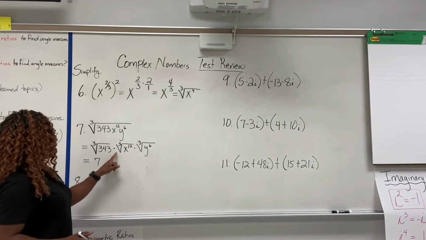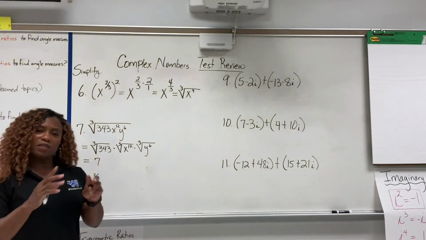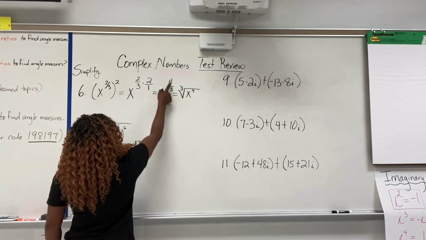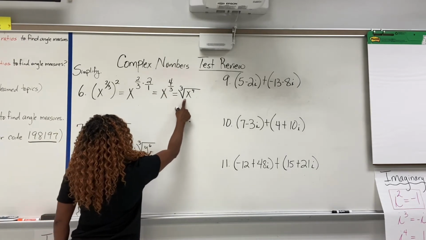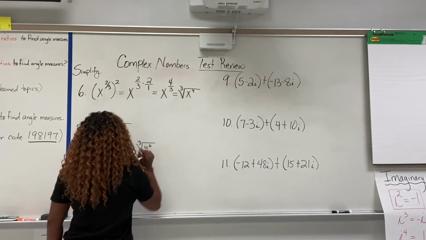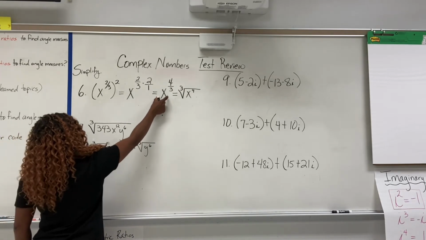Now, how do I get the cube root of x to the 12th power? Well, remember when we learned about our exponential rules, just like x to the 4/3 can be written as this radical with the index having the denominator and the numerator being underneath with the radicand. But I can reverse this. I can actually write this that way.